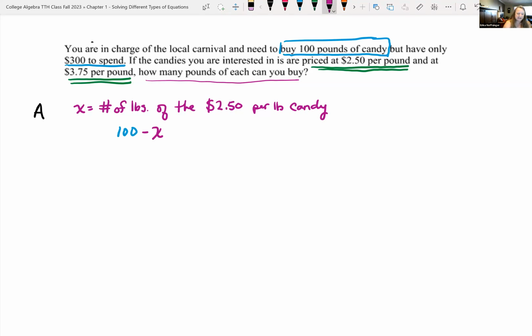And that's how much she is going to use or buy. This is the amount of pounds for the $3.75 candy.